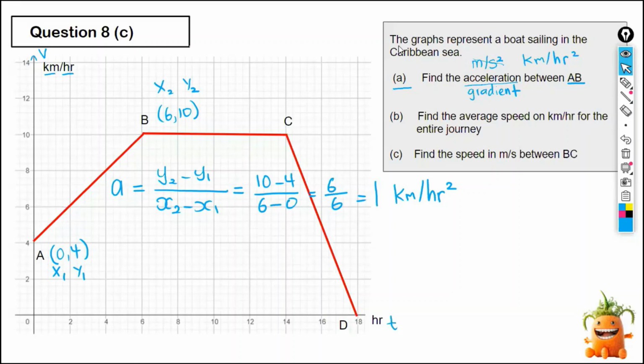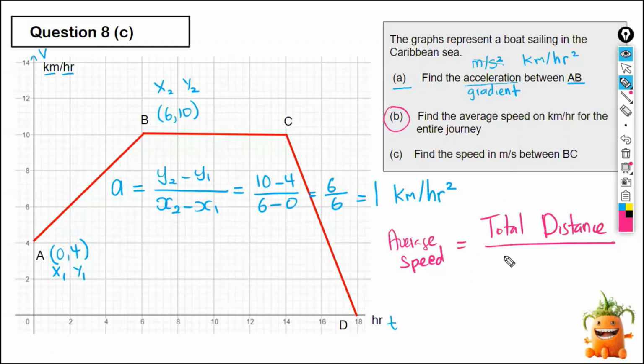Now, the next part B, they're going to ask us to find the average speed. Let me give you the formula for average speed. Average speed, right, is the total distance divided by the total time. Okay.